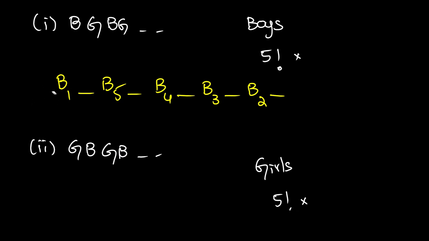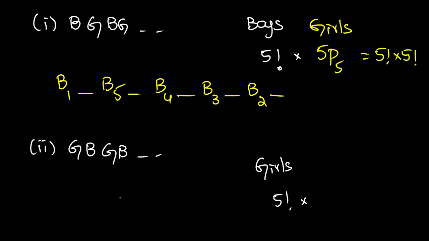If I take that before slot, it means starting with girl, which we are doing separately. So 5 slots, how many girls are there? 5 girls, so 5P5 means 5 factorial. So 5 factorial into 5 factorial.